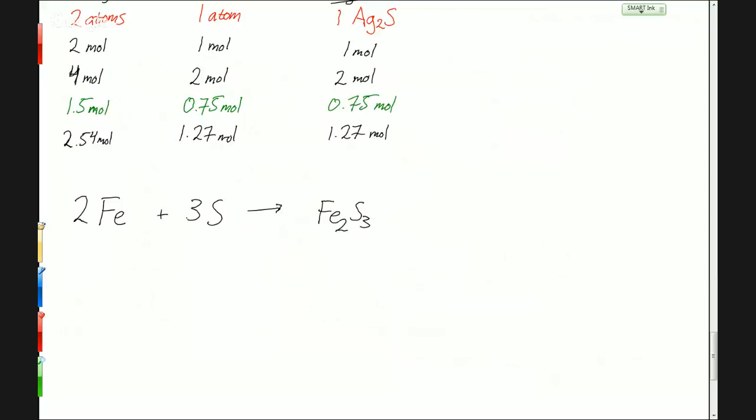So now we can ask the same questions. Yes, if we had 2 moles of this, we need 3 moles of that and 1 mole of that. But what if we didn't have such nice numbers? What do we do then? Let's set up the same kind of table.